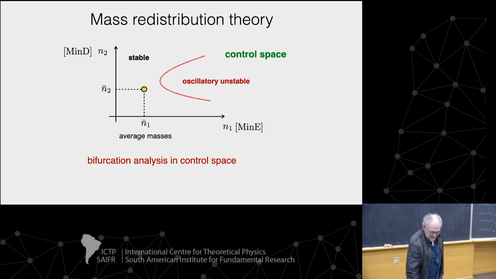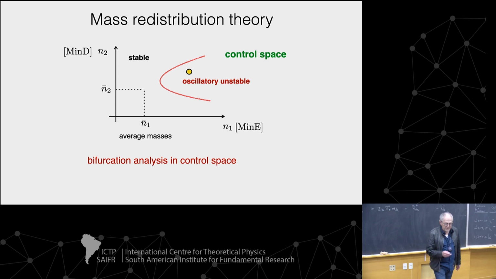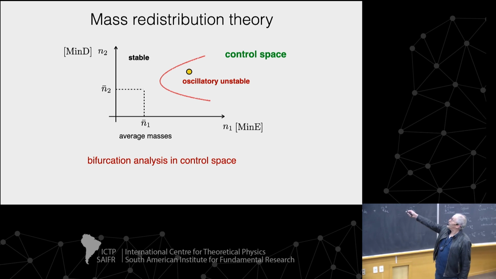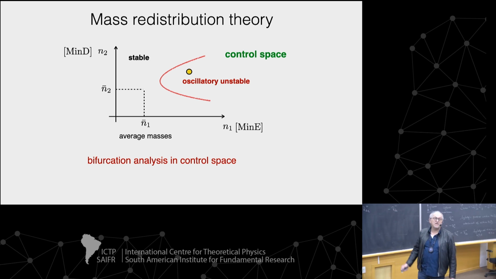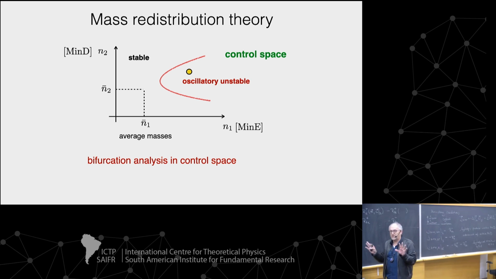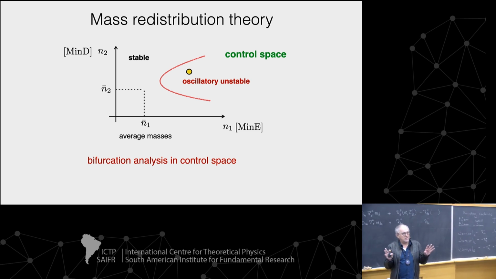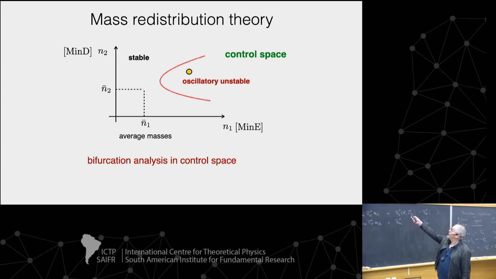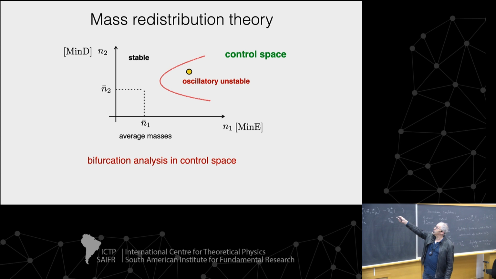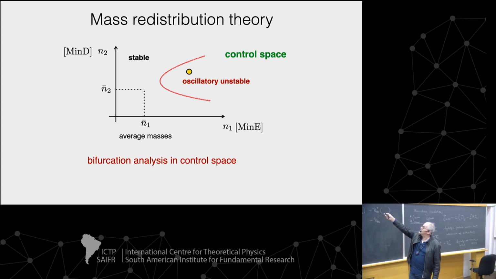What you get for the min system is basically this. Part of this control space is stable, so small fluctuations, whatever they are, will not change the stability of the system. And there will be a range of parameters, meaning the total MinE and MinD concentrations, where the system is oscillatory unstable. So it has a limit cycle oscillation.